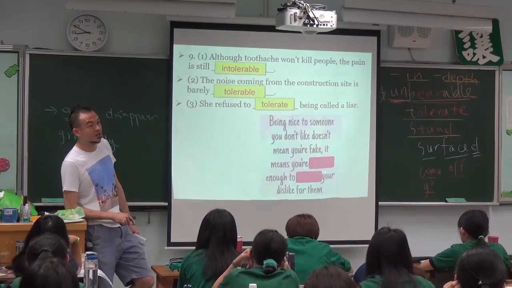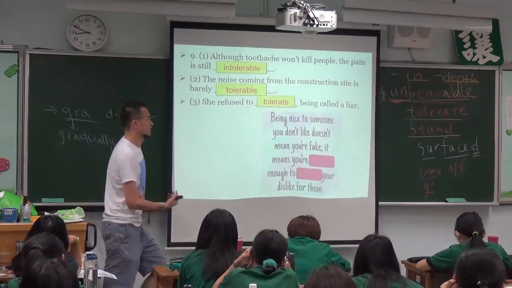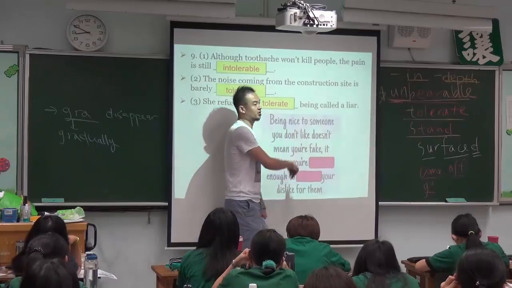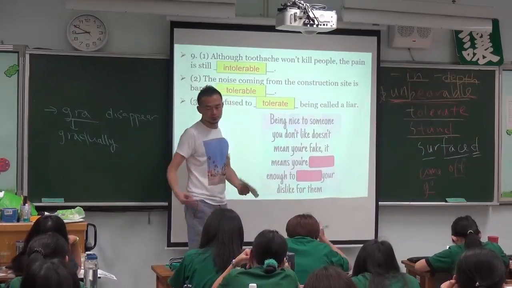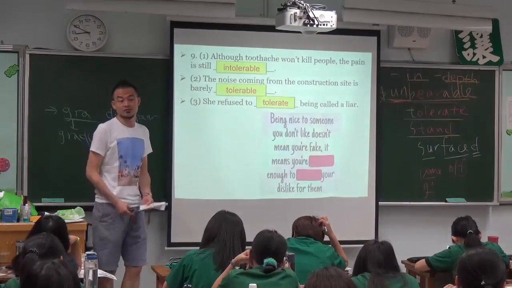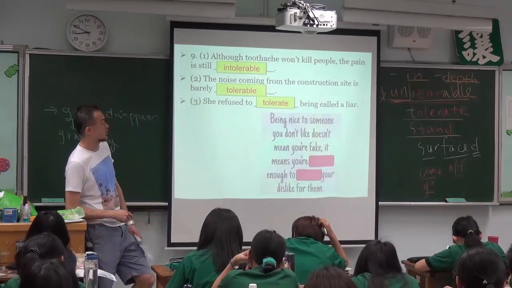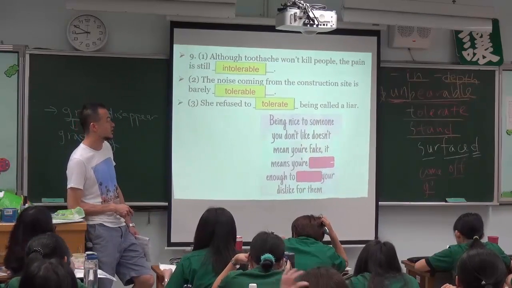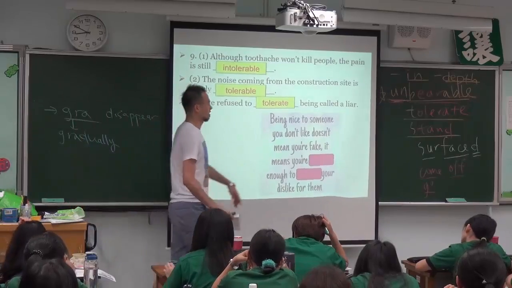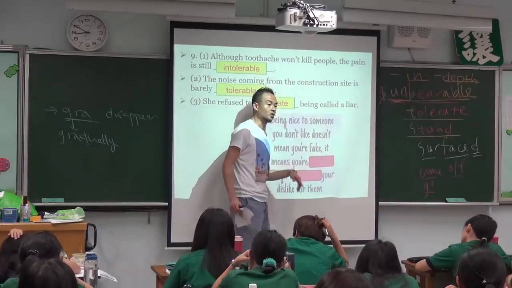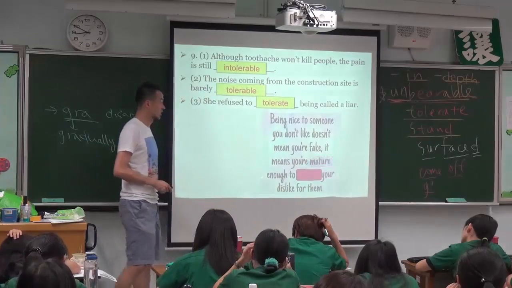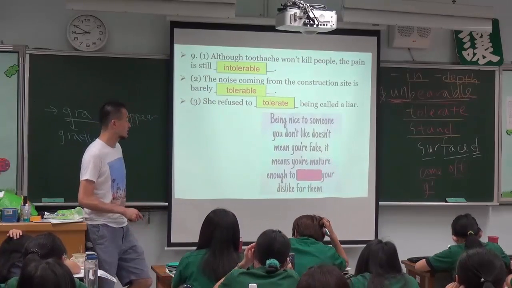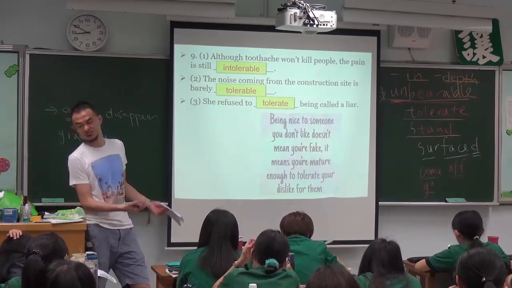It means you are what? For example, if you say you are a nice person, but sometimes you might wonder, am I fake? Am I not sincere? But if you say no, you are not. You are just being mature enough to tolerate your dislike for them. You agree?